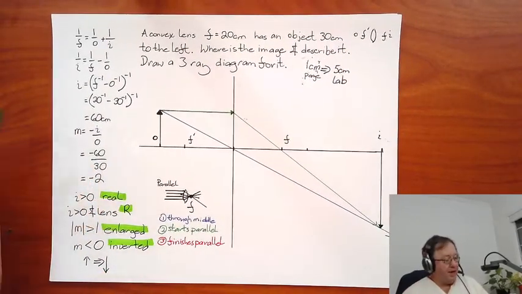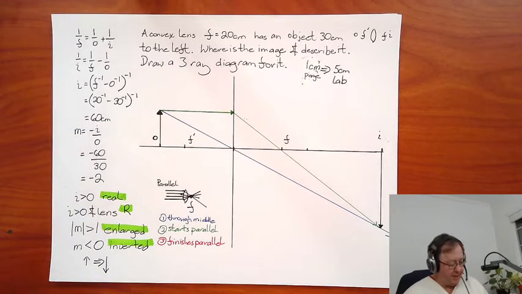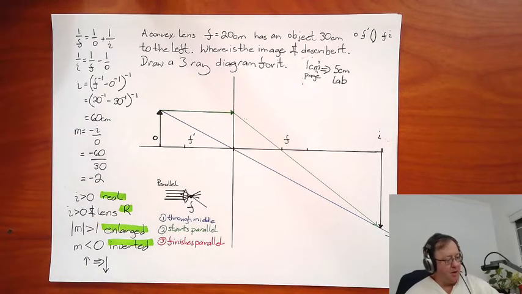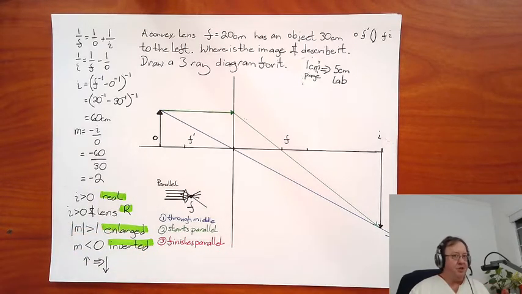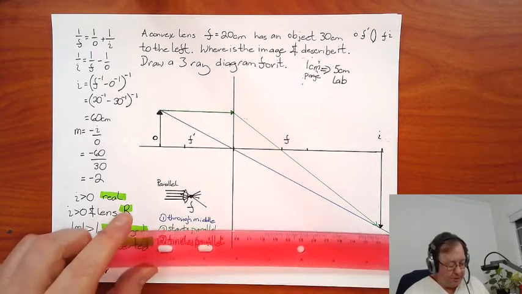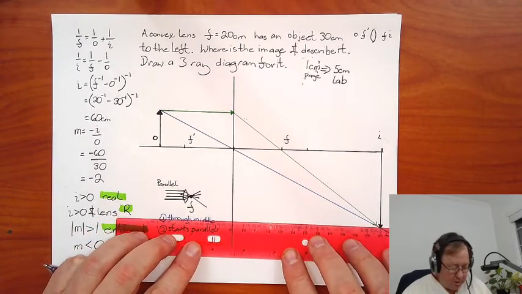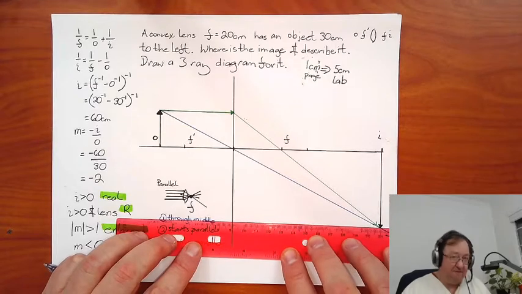Now the third ray is a little bit sneaky, but this is how I kind of deal with it. The third ray finishes parallel. That's the key part. So what I do is I draw that ray first.